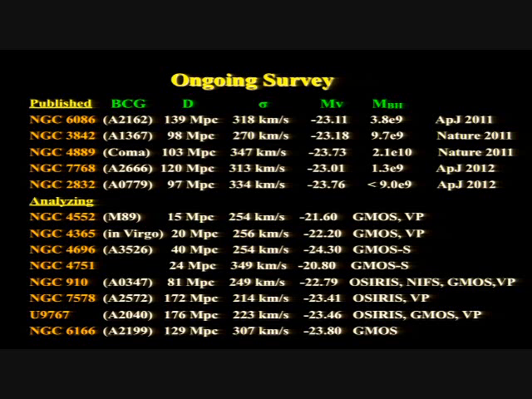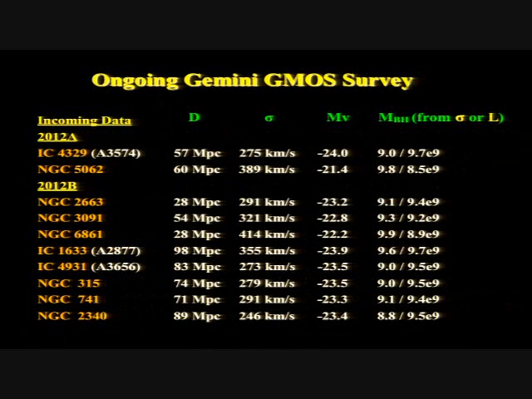So this is what I showed you earlier, that we have reported and are analyzing, and we also have incoming data. We've been able to obtain quite a bit of GMOS time, both south and north. Of course, this is the column we would like to get, but to give an indication of what they could be, we could use our best fit M sigma and ML relations, and using the galaxy sigma and L, which are of course known, they're famous galaxies, see what the predicted black hole mass is.